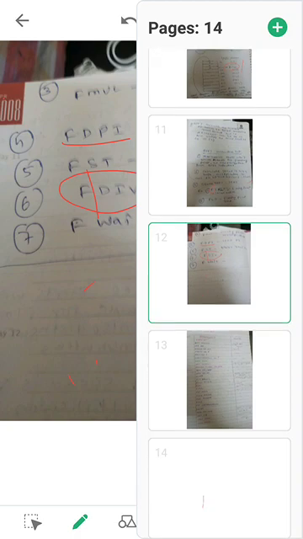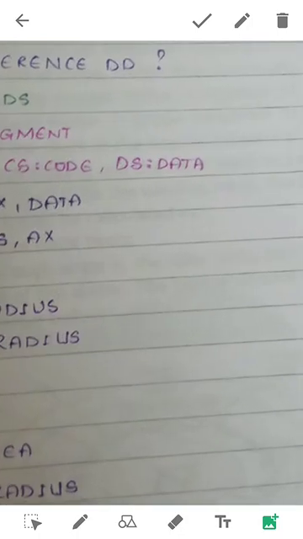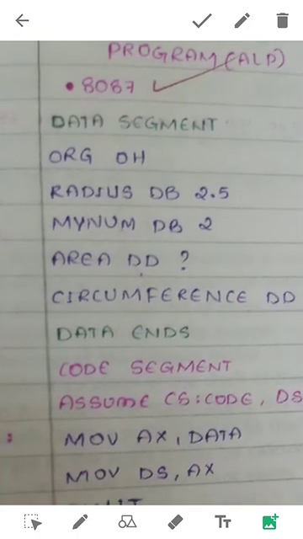Okay. Now these are some of the instructions we have seen for the 8087. Let us see an example for the 8087. This code belongs to finding the area and circumference from a radius. Okay, let us see the example. Here you can see the data segment.